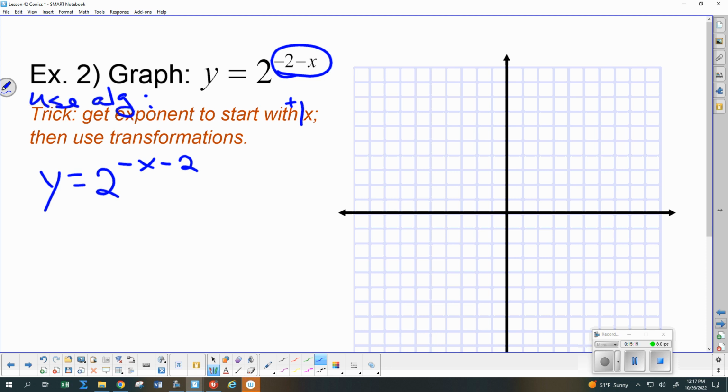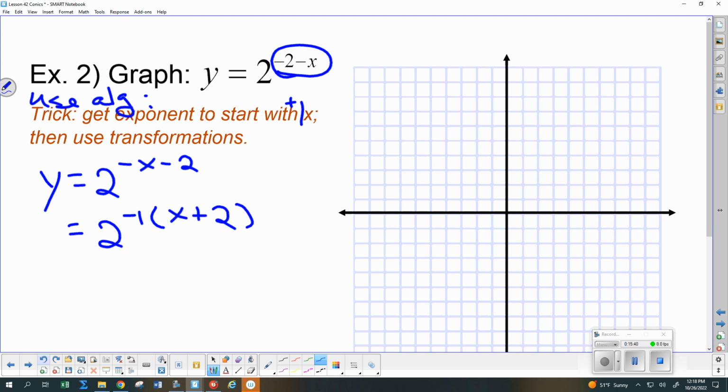Since I want to start with a +1, I am going to factor the -1 out of that, just in the exponent. So if I factor a -1, Maggie, what is that going to leave me for this exponent?